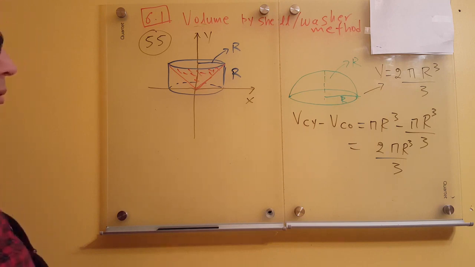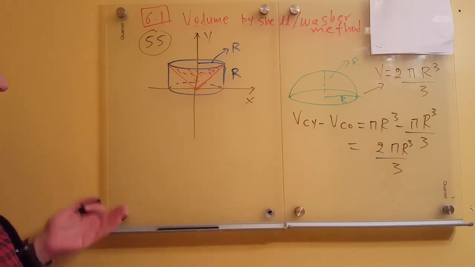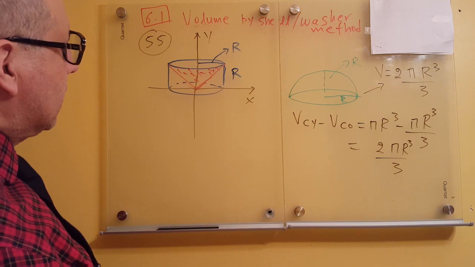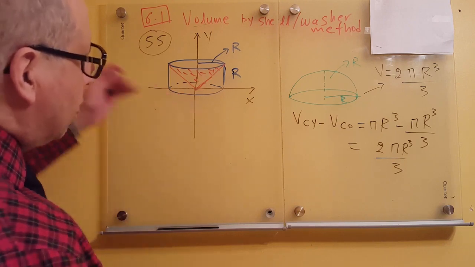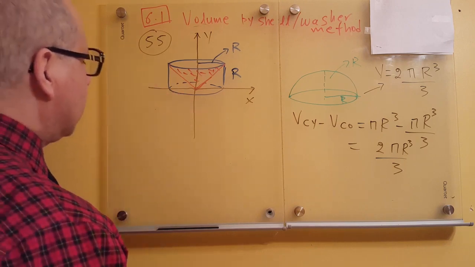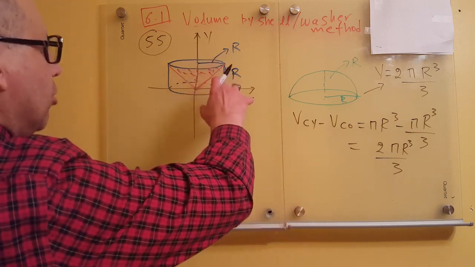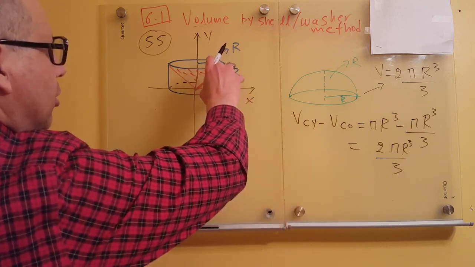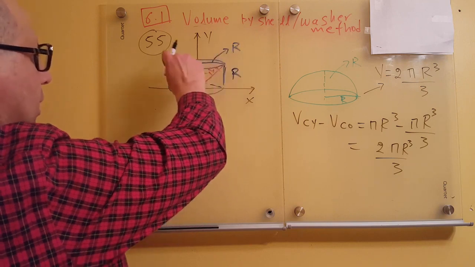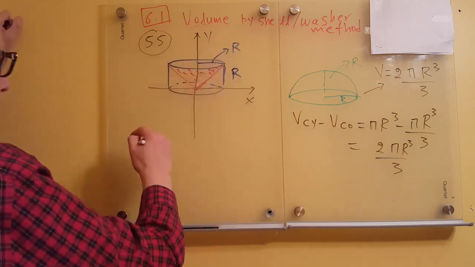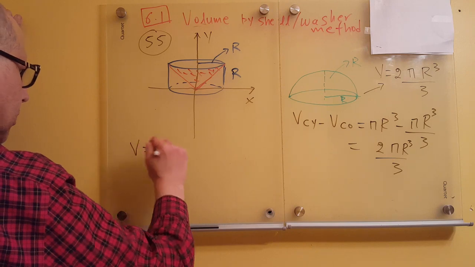And now it's pretty obvious. I think that what you have to do, in order to find what is left, is subtract from the whole thing the red cone.